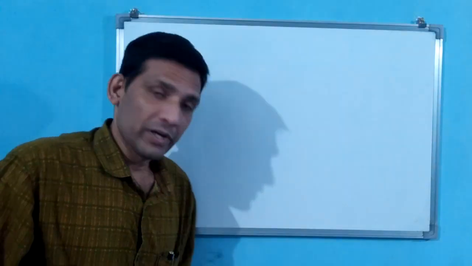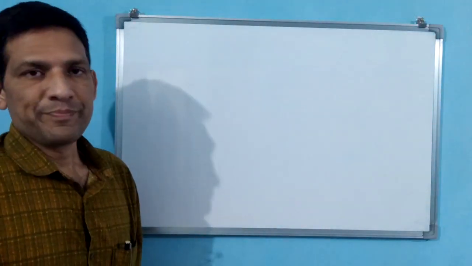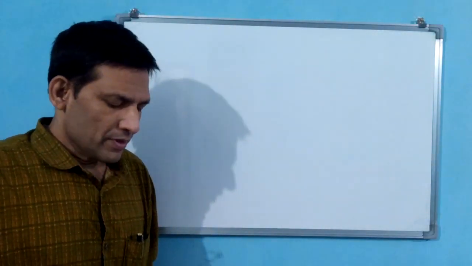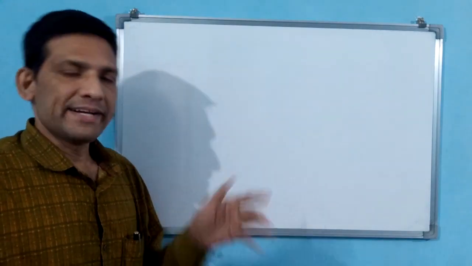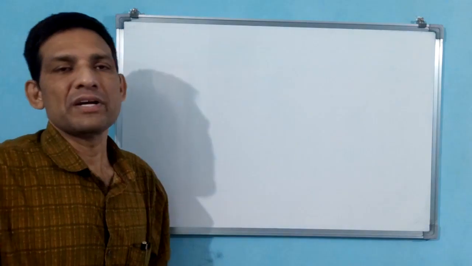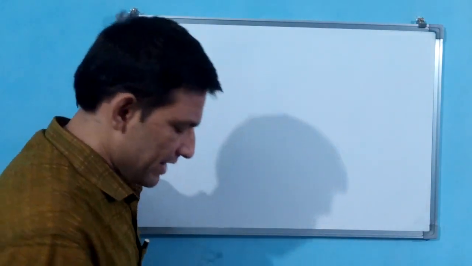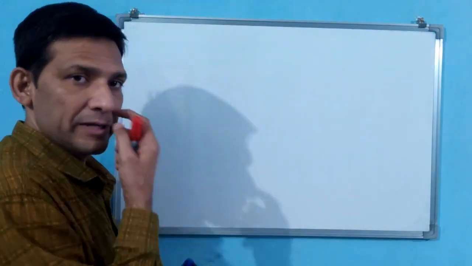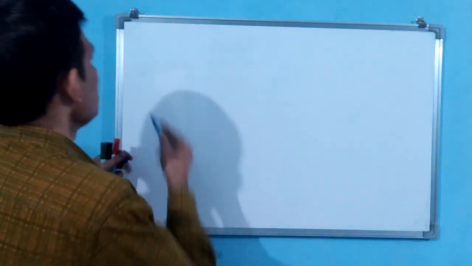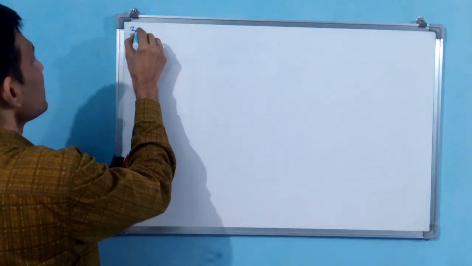See the third property. If any two rows or columns of a determinant are identical, then the value of the determinant is 0. I will write it first, then we will analyze it, take one verification and one proof. I am writing: third property.